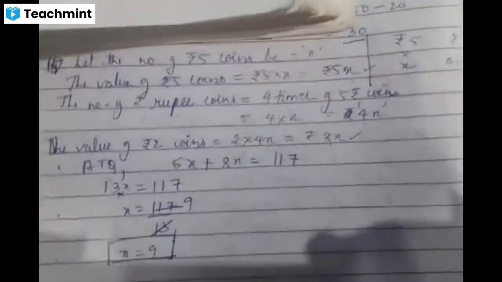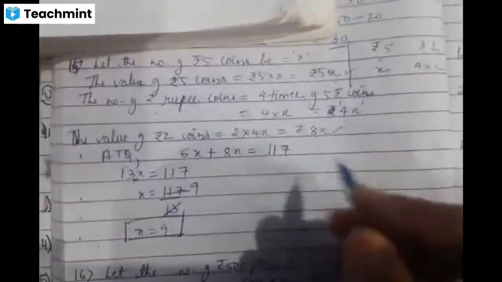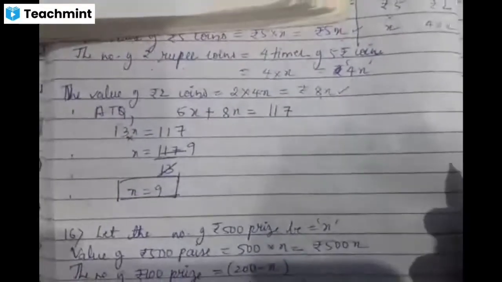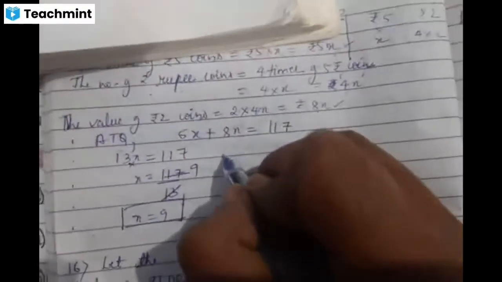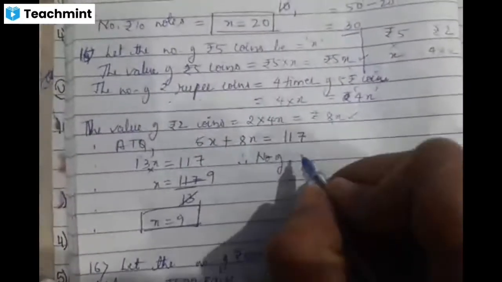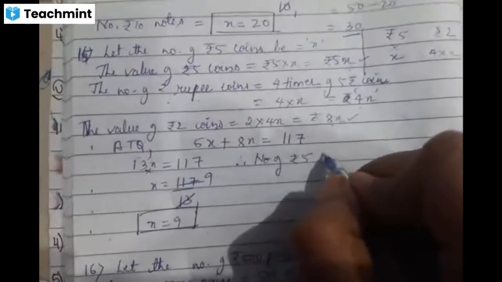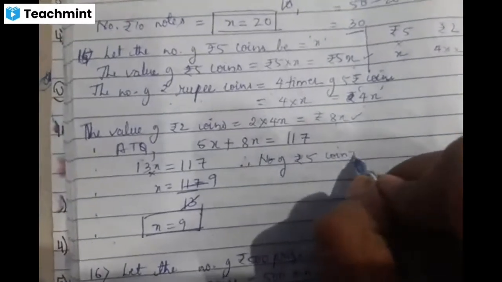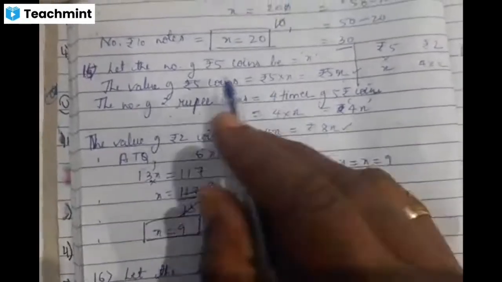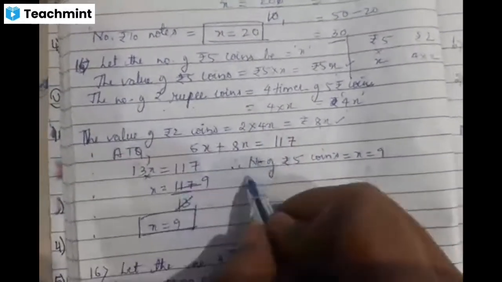Now we need the number of 5 rupee coins first. So what is the number of 5 rupee coins? Therefore, the number of 5 rupee coins is equal to x, which is equal to 9. Now, we want the number of 2 rupee coins.